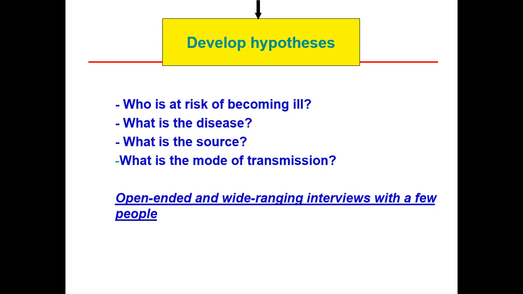So looking at the data that you already have from descriptive epidemiology and discussing it with some bright-eyed, level-headed, intelligent people can help you start to develop a hypothesis, which you will test. But you need to first of all develop a thought or a guess about what is going on and why it is happening the way it is happening.